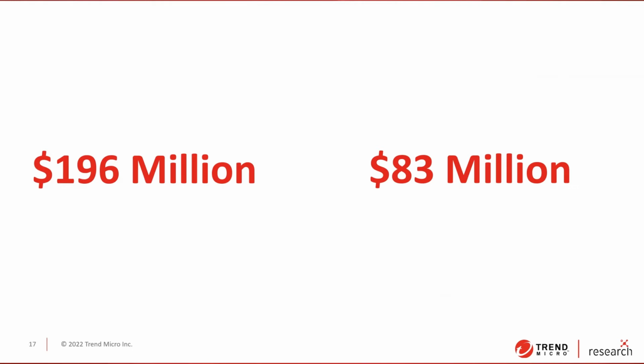On the right is Trend Micro's net income for Q3 of 2021. So, you know, our CEO has always been quite visionary, Eva Chen. And one of the things she's always told us as employees is that our competitors are not our peers in the industry. They're actually the attackers, the hackers, the cyber criminals out there.